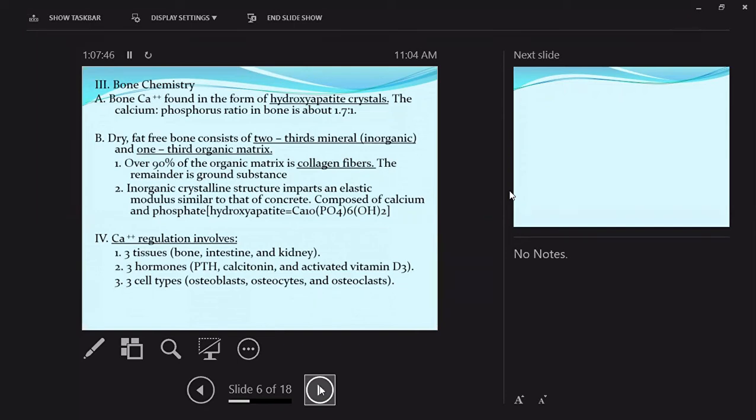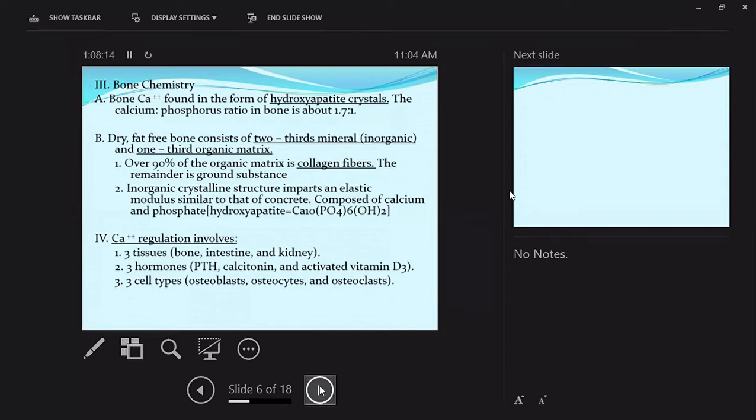And in the bone, 90 to 95% is collagen, which gives the pliability and tensile strength of the bone. And the remainder is ground substance.